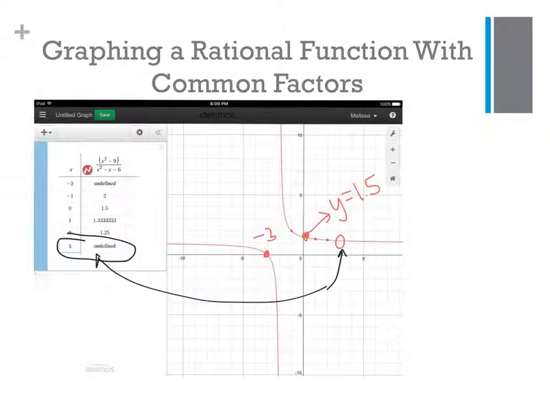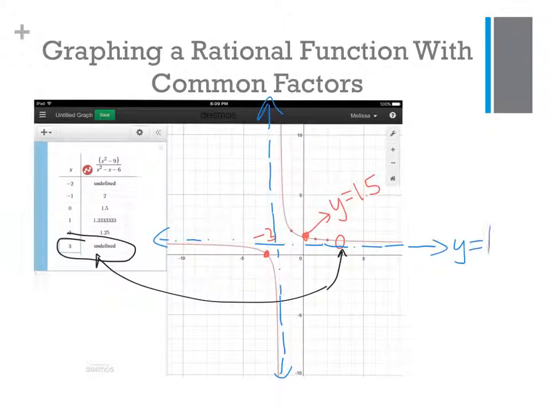And if you look at our vertical asymptote, that occurs at negative 2. And we have a horizontal asymptote at y equals 1. So we have y equals 1 here, and x equals negative 2 for our vertical asymptote.